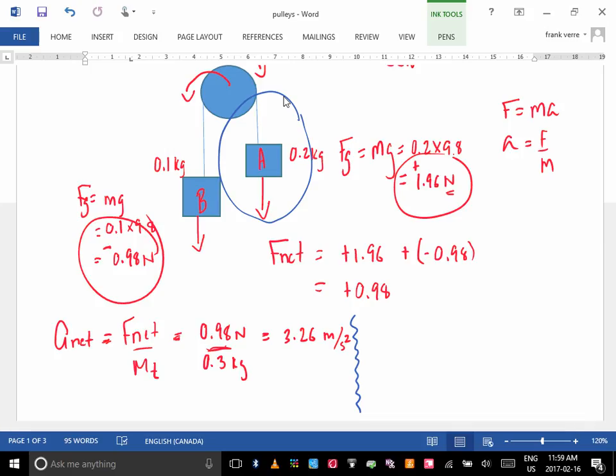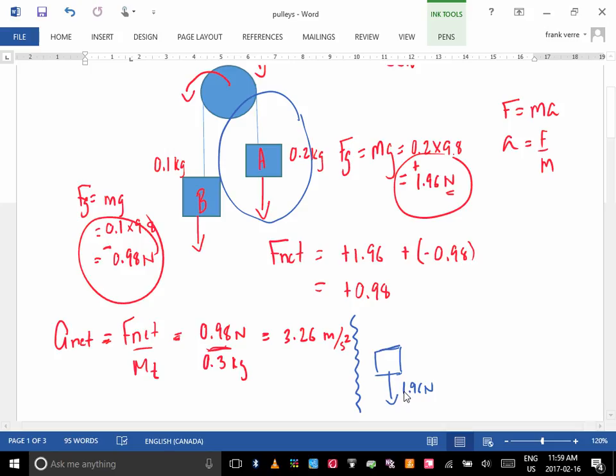So I have mass A, and I know that mass A is experiencing weight due to gravity, right, which is a force. And I already know that force is 1.96 newtons down, correct? But it's also experiencing tension, because the lighter mass is trying to pull it up, right?